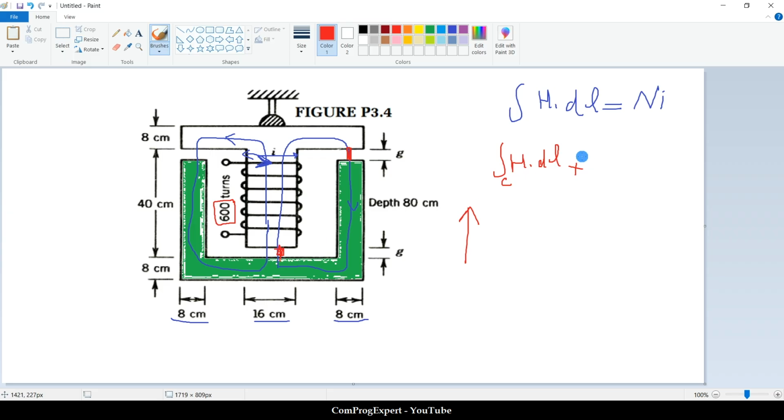So this is 2 times H_gap times the gap thickness, equal to Ni. The iron part is 0 because we neglected the magnetomotive force drop in iron. Iron is ideal, so we can write this equation.